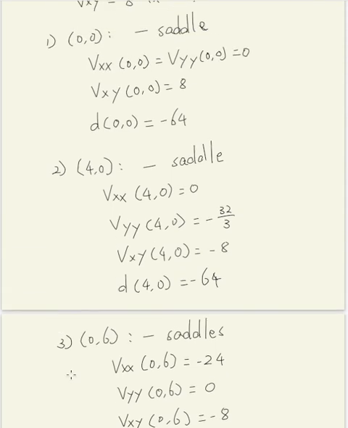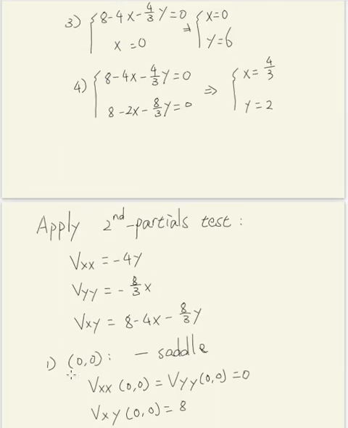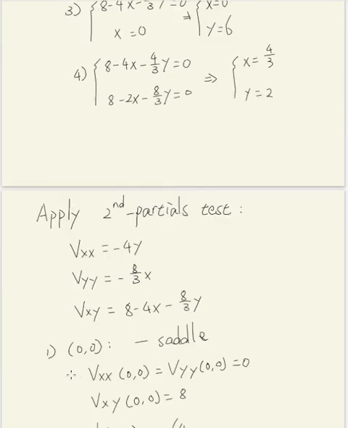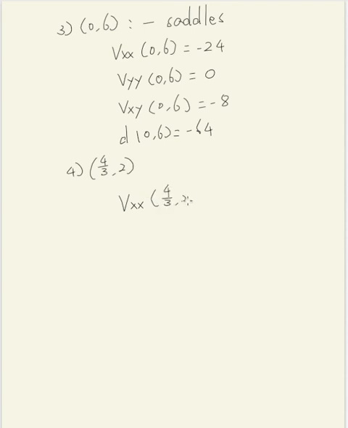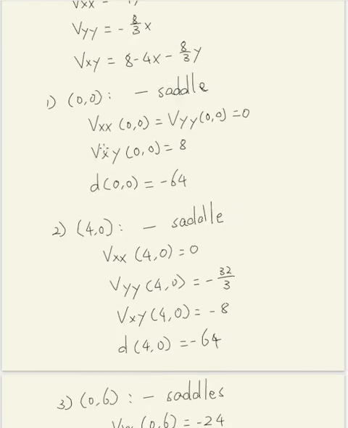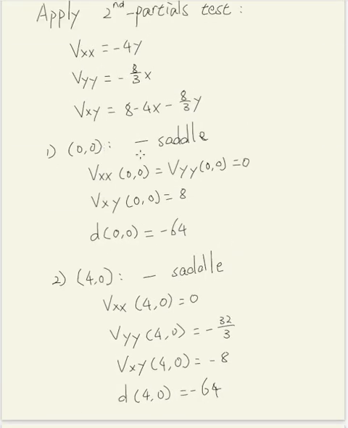And the last one is, what's the number we have? 4 over 3 and 2. All right, Vxx at 4 over 3, 2 equals, it's minus 4y, so it's minus 8.